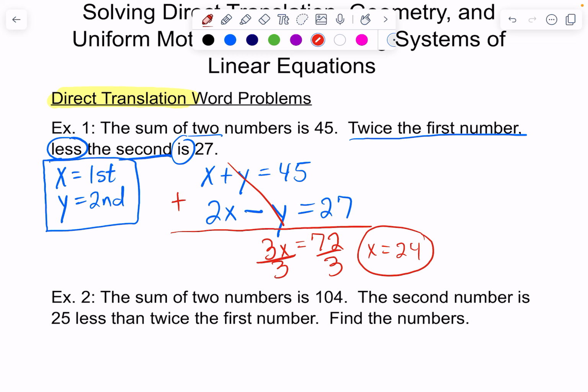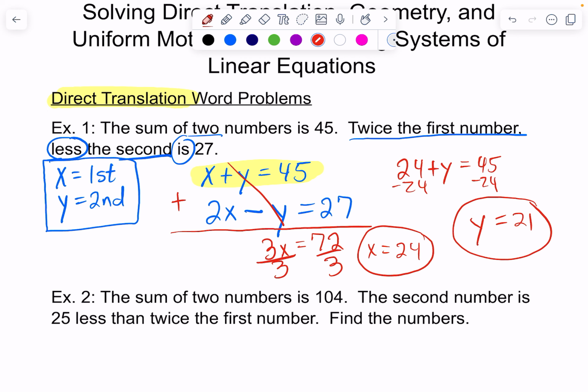We go ahead and just plug it into either of the original equations. So me personally, I'm going to plug it into this guy right here. So I've got now 24 plus y equals 45. When I subtract my 24, y equals 21. And those are my two numbers.